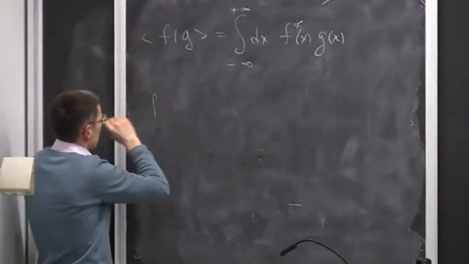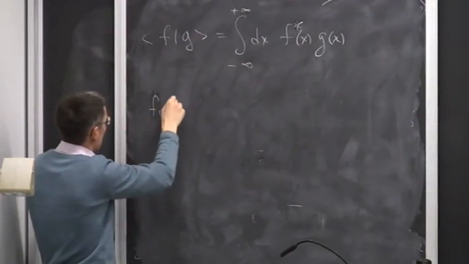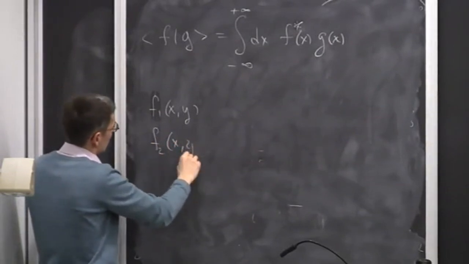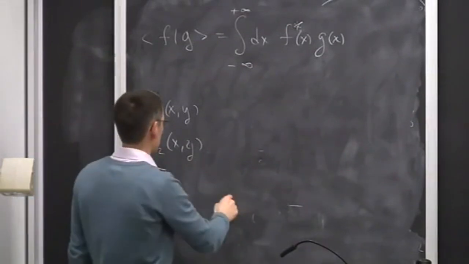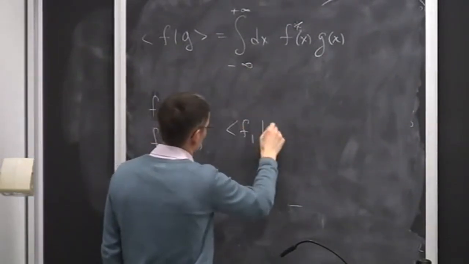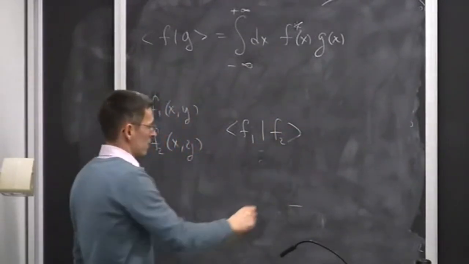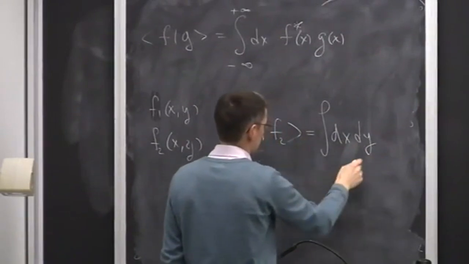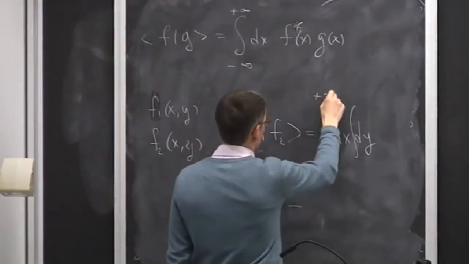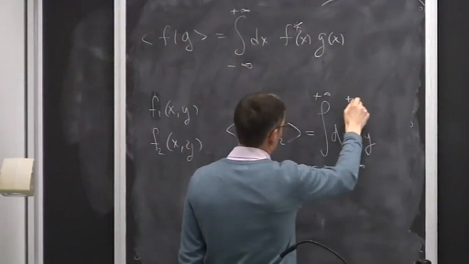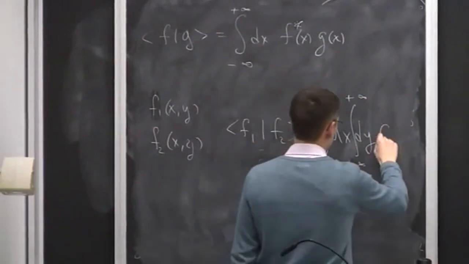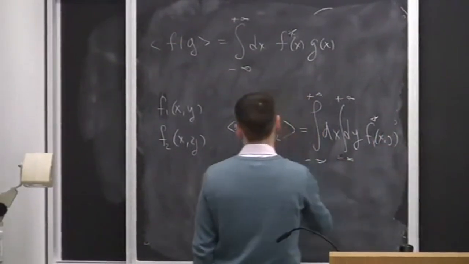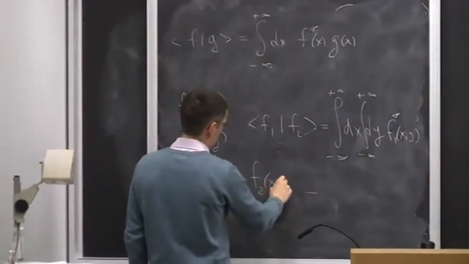Now if we work with, say, function 1 of two variables x, y, and function 2 of two variables x, y, then what this notation actually means is, quite conveniently, you don't need to write the integral, but the integral would be a double integral for both variables, dx dy, and then the integrand is the same, f1 xy times f2 xy.